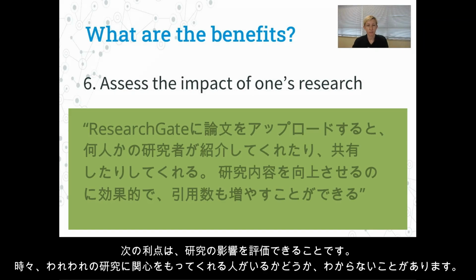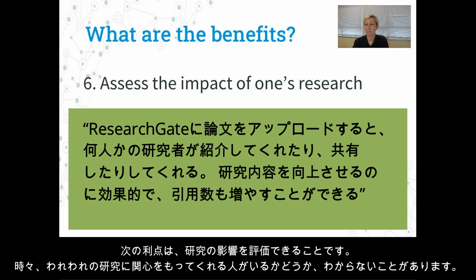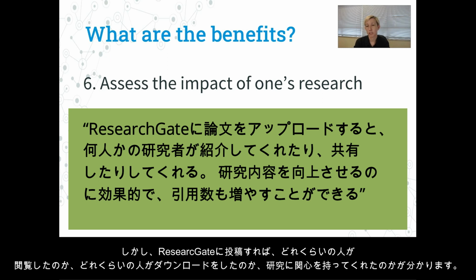So the next benefit is about assessing the impact of one's research. Sometimes it can be quite difficult to know if anyone even cares about what we do, but when we post on ResearchGate, we can see how many people are looking at, how many people are downloading, how many people are liking our research.